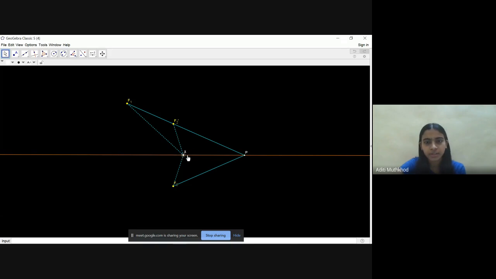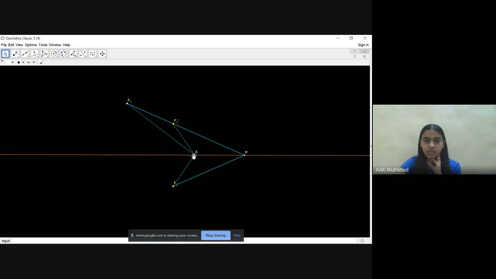Yeah, so XF1 minus XF2, you just reflect F2. So now you have a nicer way to compare XF1 and XF2 because this is the reflection of the same line.